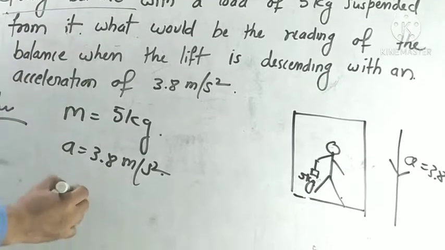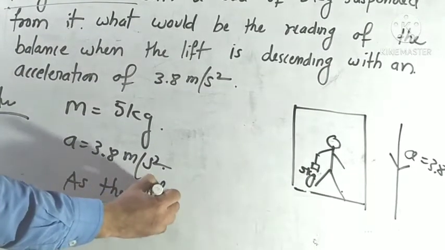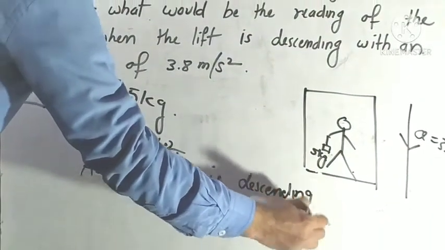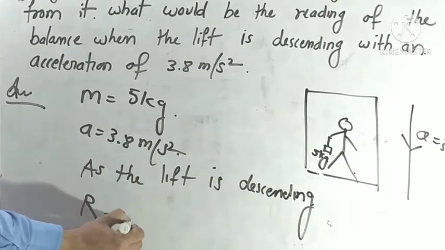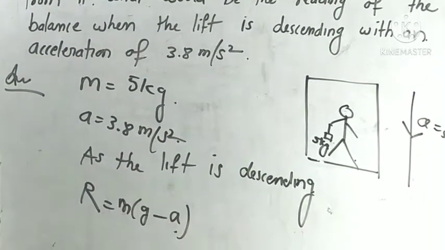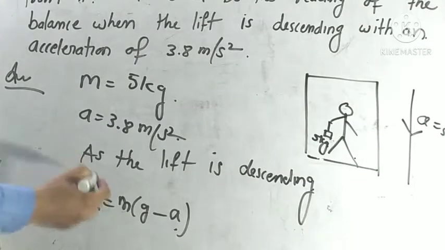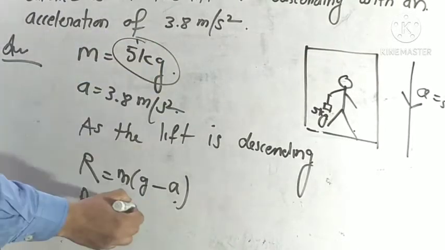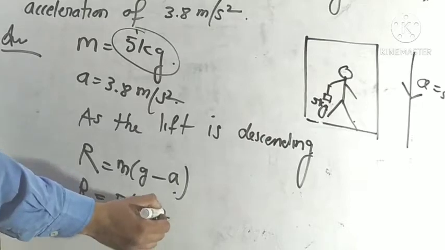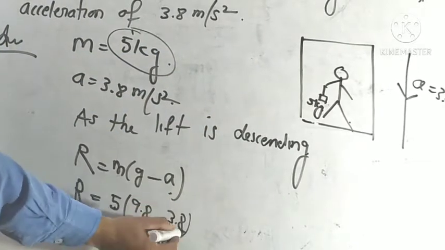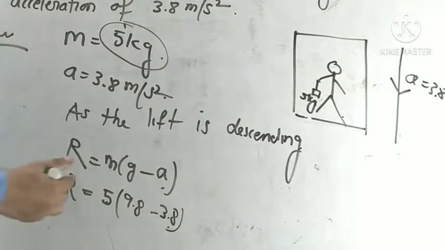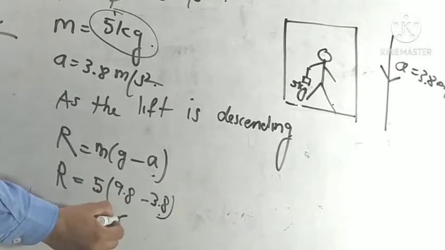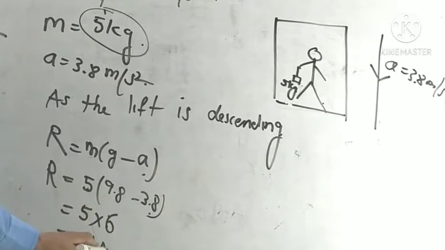As the lift is descending, we already know that R is equal to m(g minus a). We use this formula to solve our problem. So R is equal to 5, we put the value of m 5 kg, g 9.8 minus acceleration 3.8. So 5 into 6, that is 30 Newton.